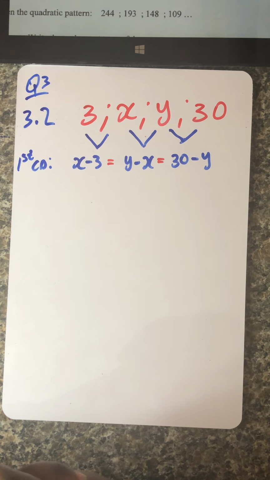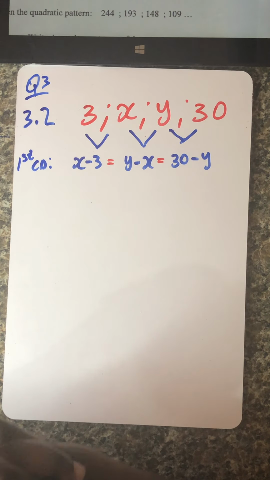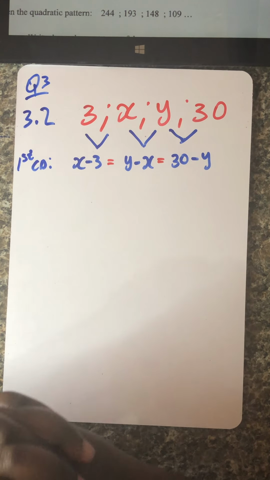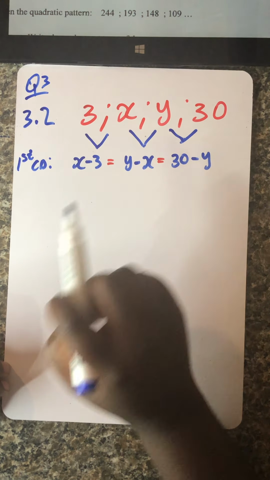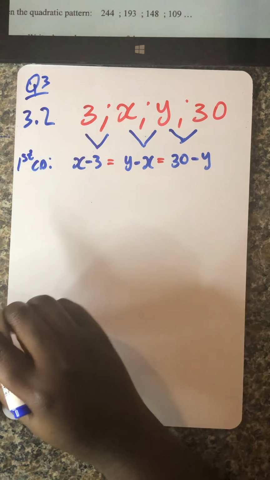So in short, guys, it seems like one of those simultaneous types of equations, even though it's not a simultaneous equation, but you might need to simultaneously solve for x and y. So this and this are equal, this and this are equal.